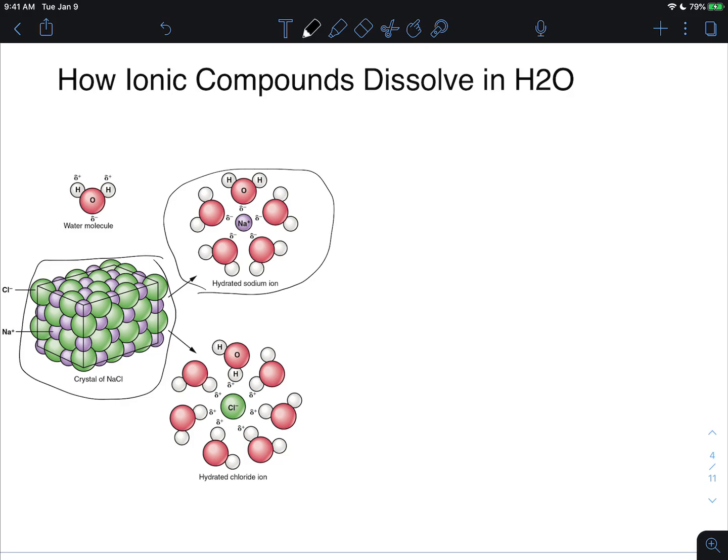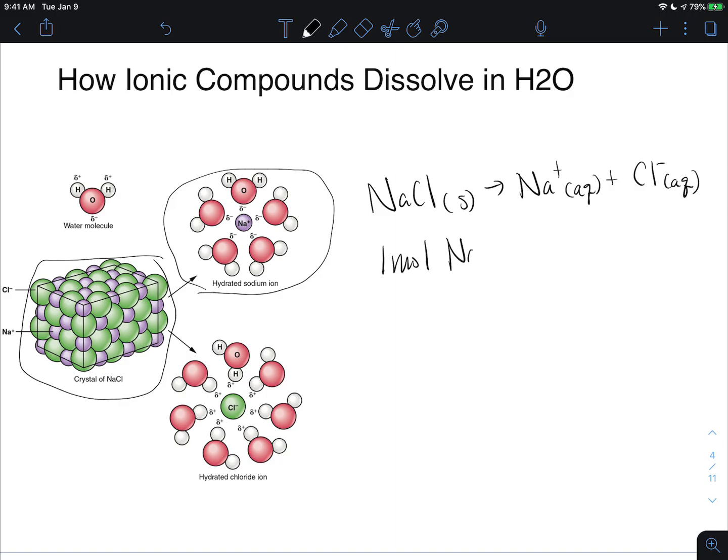So as sodium chloride is dissolved in water, it's going to break down into ions that are dissolved. So 1 mole of sodium chloride produces 2 moles of ions. 1 mole of sodium ions, 1 mole of chloride ions. Okay?